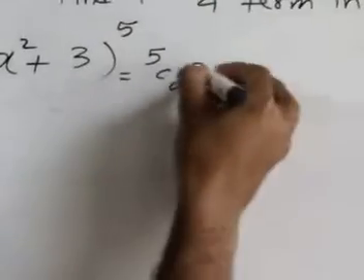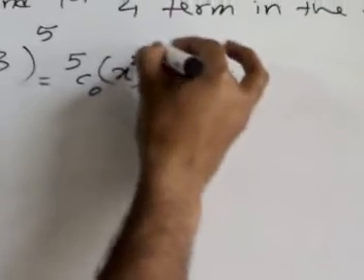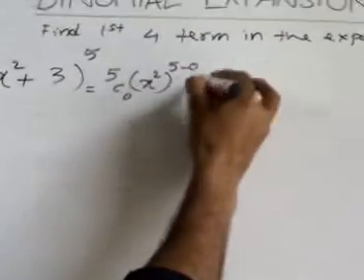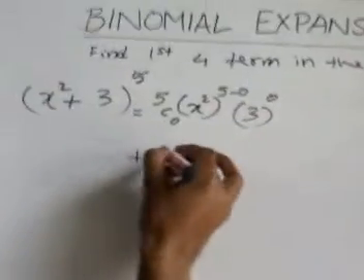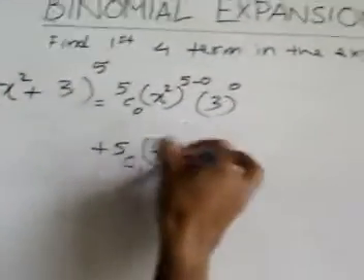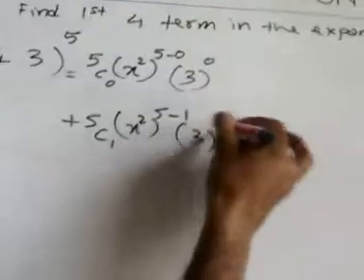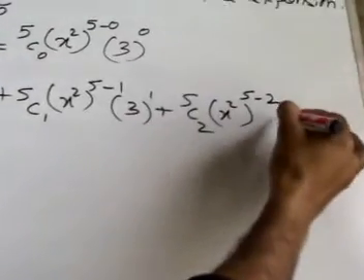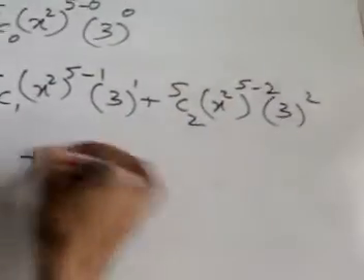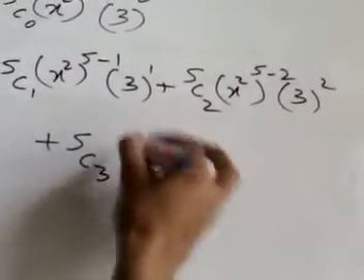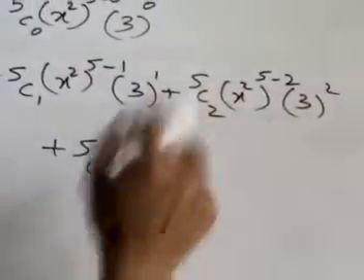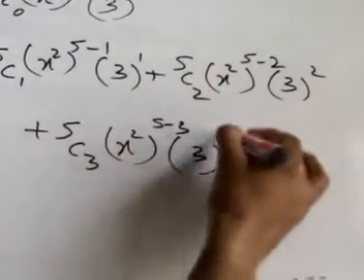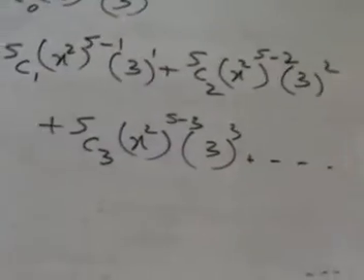Look at this: 5C0 (x^2)^(5-0) 3^0, plus 5C1 (x^2)^(5-1) 3^1, plus 5C2 (x^2)^(5-2) 3^2, and plus 5C3 (x^2)^(5-3) 3^3. This is 1, 2, 3 and 4, yes, this is the 4th term.